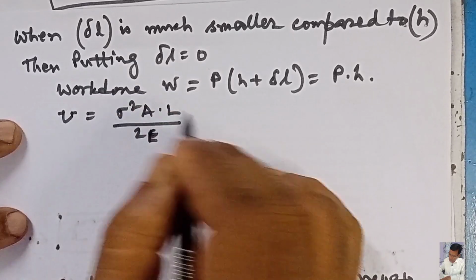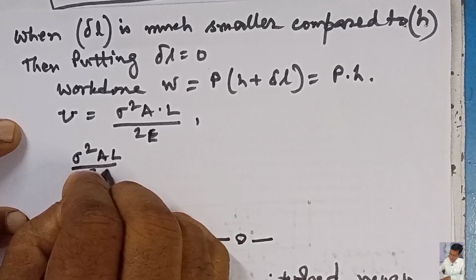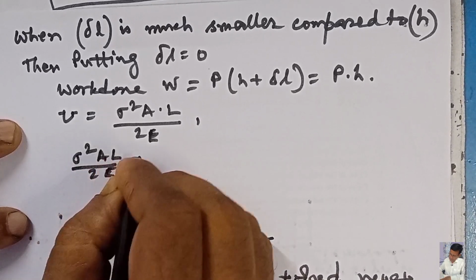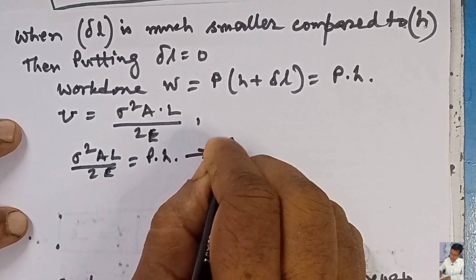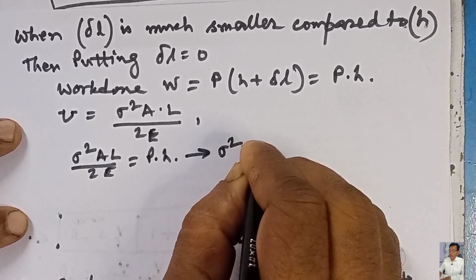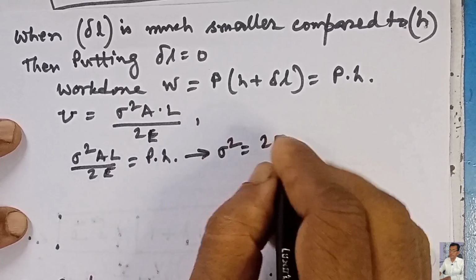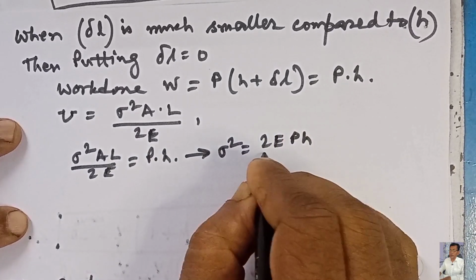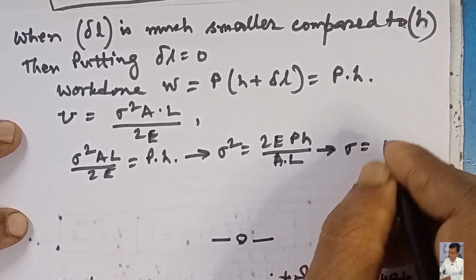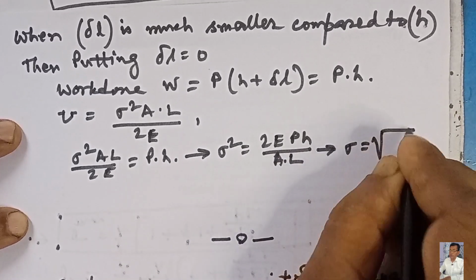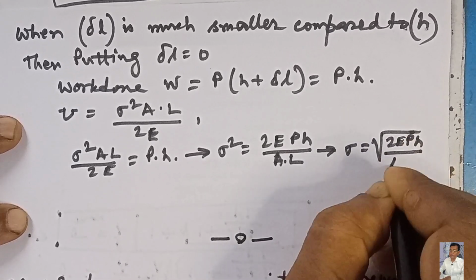Equating W and U, we will get sigma square A into L divided by 2E is equal to P into H, or sigma square is equal to 2E PH divided by A into L. Sigma is equal to root over 2EPH divided by A into L.